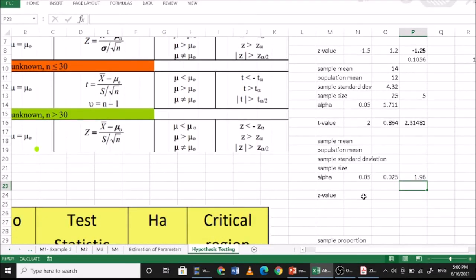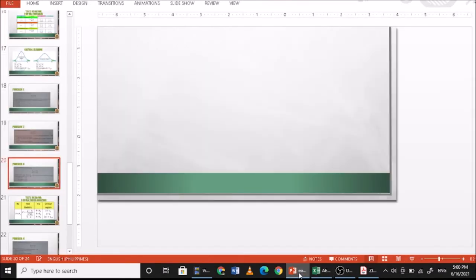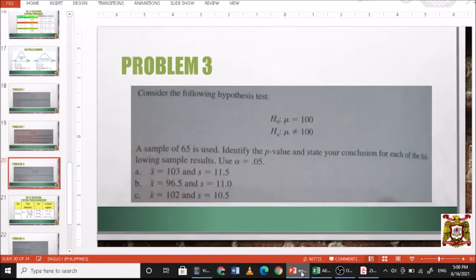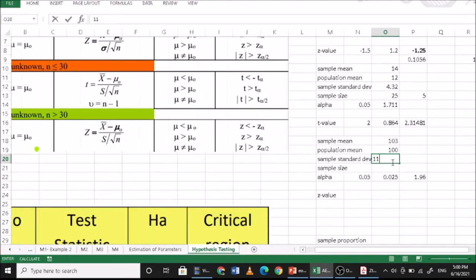Okay. So let's start with the first one. The sample mean is equal to 103, the population mean is equal to 100, the sample standard deviation for the first problem is 11.5, and the sample size is 65.